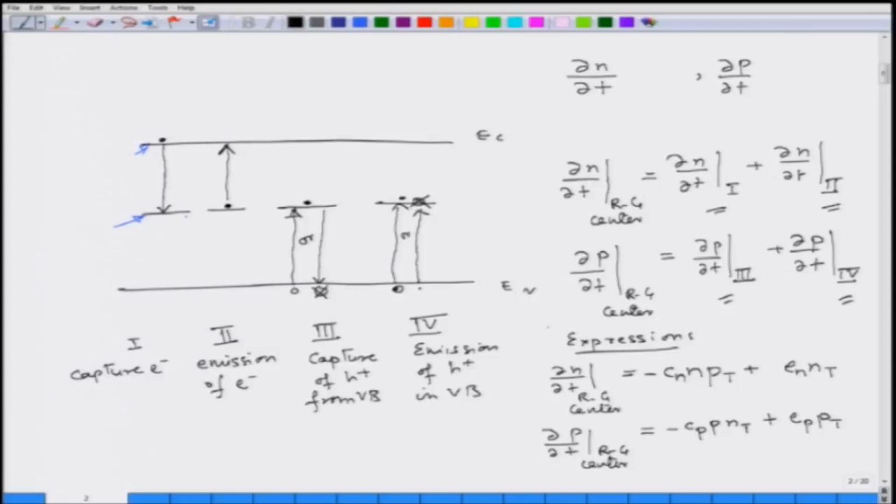So, these are the general expressions which take care of the net effect of all recombination generation processes due to the RG centers, which lead to a change in the carrier concentration.